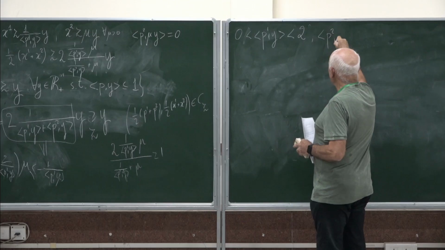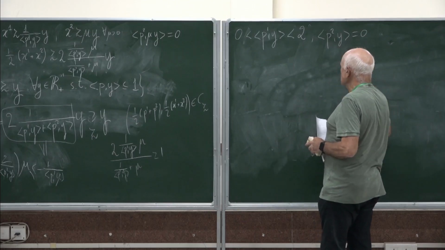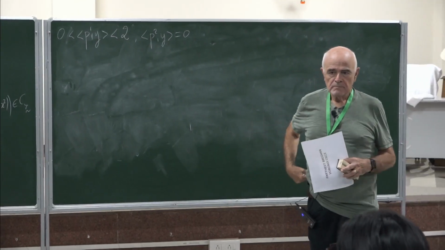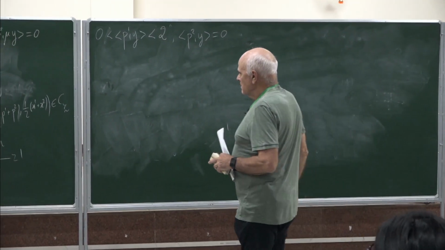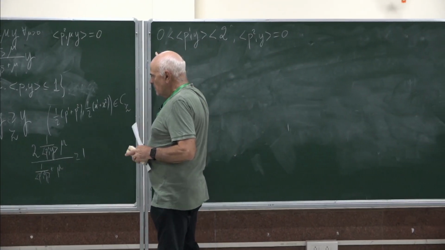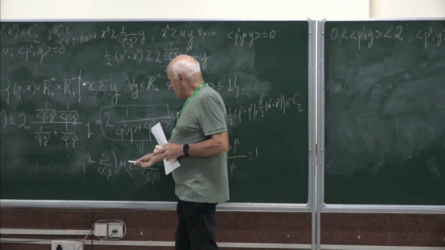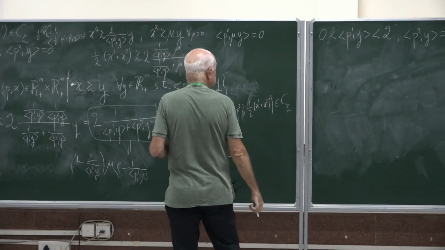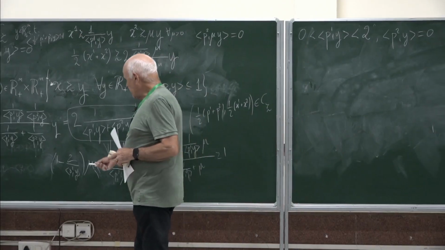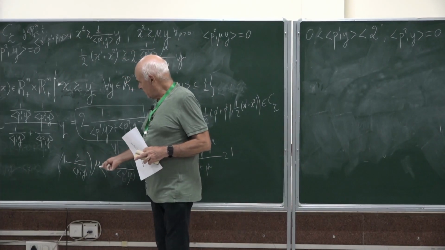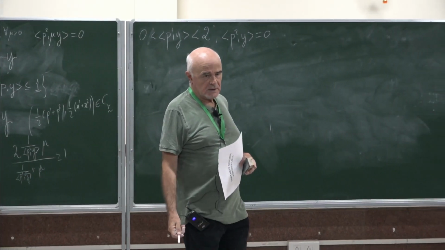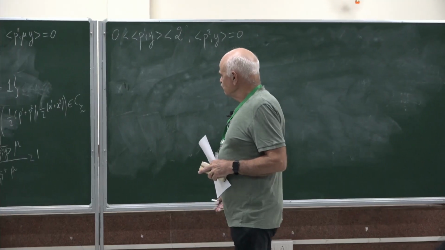And P2y is equal to 0. Okay? Later we will consider the case when this is equal to 2. Then when we come here, this is strictly negative, so we can solve for mu and we get a mu positive that does the job. And that's it.